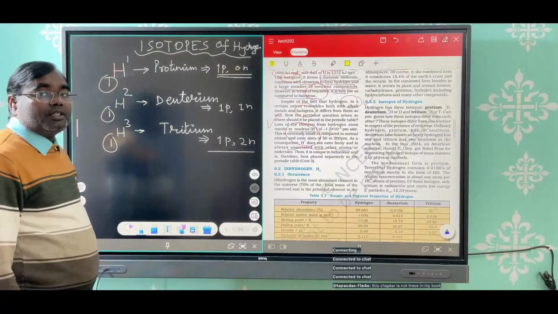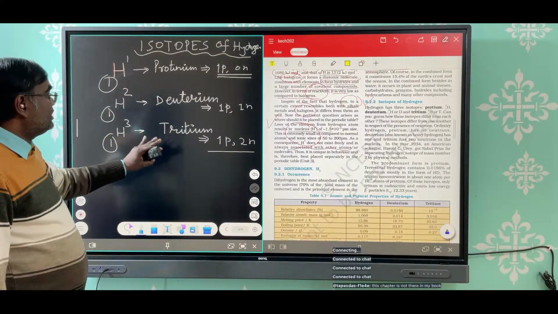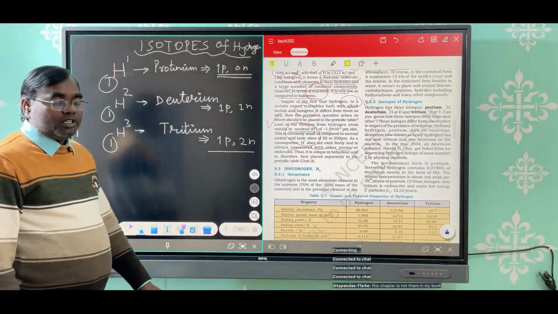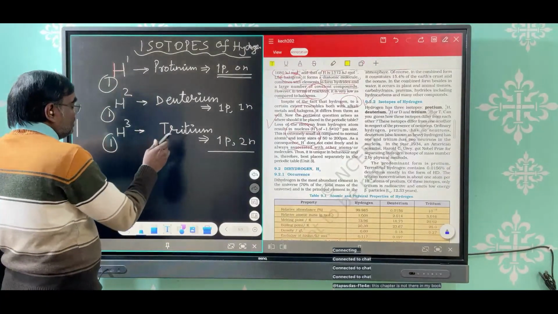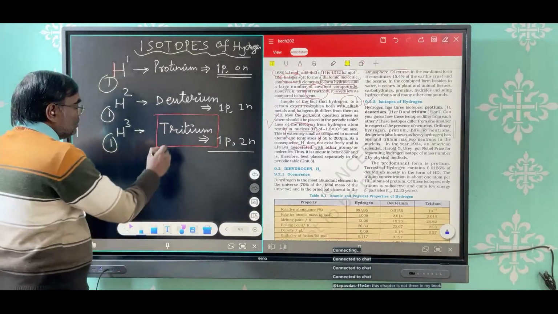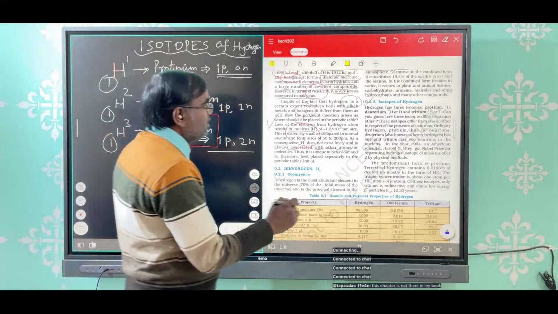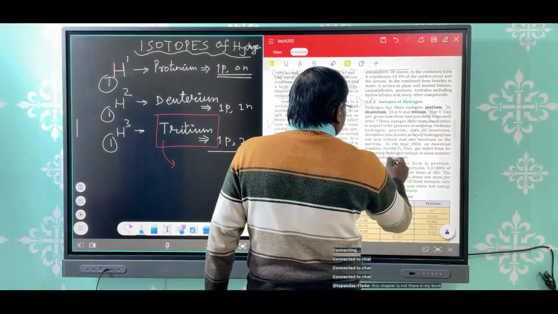So which one is heavier? Tritium is more massive than the other two, and deuterium is more massive than protium. And tritium has the unique property of radioactivity.